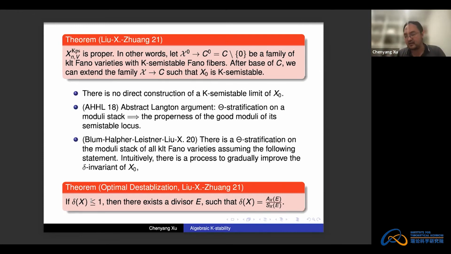So if someone can figure out how to construct this semi-stable limit directly, I think that would be very interesting. I mean, for instance, in this CDS10, in the smooth case, they do have a process. In differential geometry, they just construct this Gromov-Hausdorff limit.